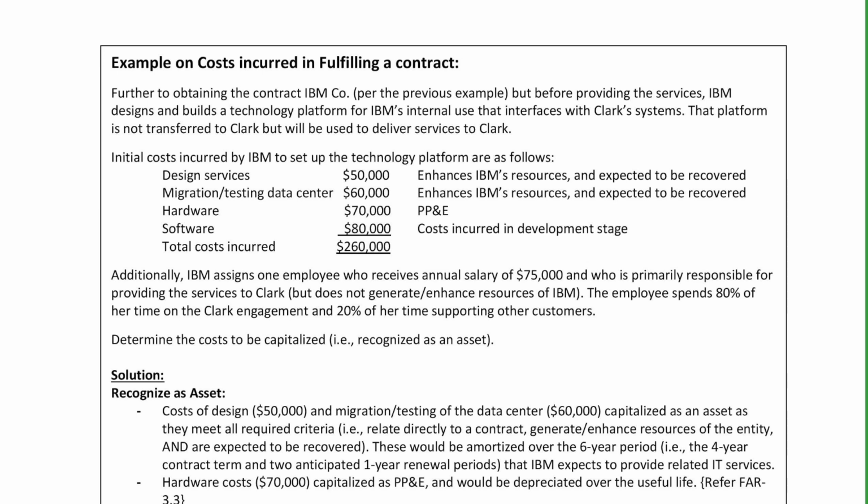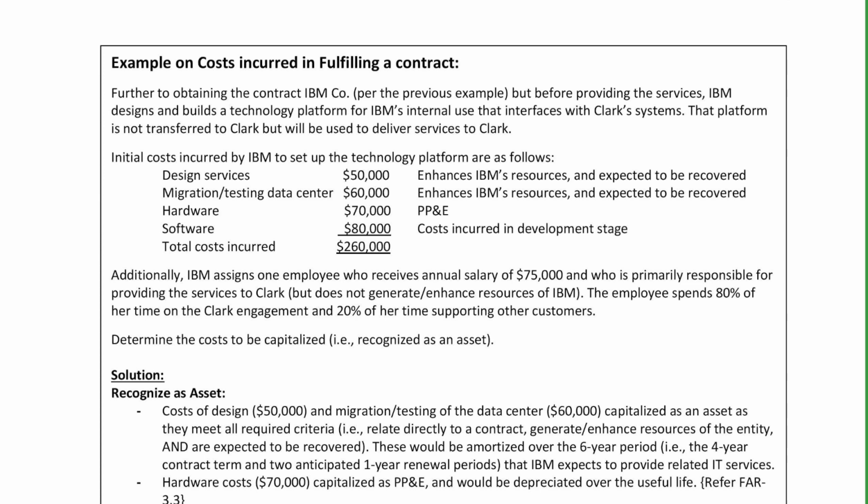Migration or testing data center, $60,000, which again enhances IBM's resources and is expected to be recovered. Hardware of $70,000, which is actually PP&E, or property, plant and equipment. Software, $80,000, which are costs incurred in the development stage of the software. So the total costs incurred by IBM in building the technology platform is $260,000.